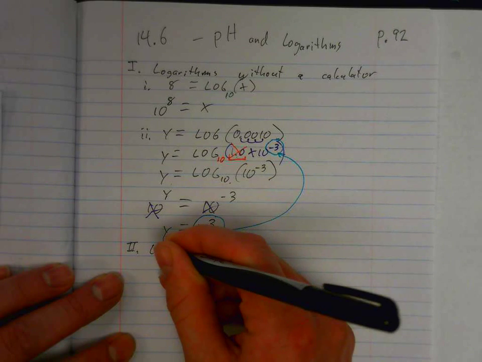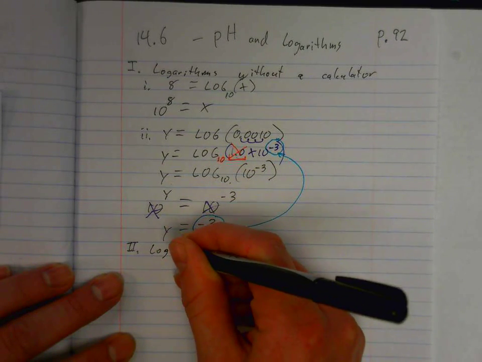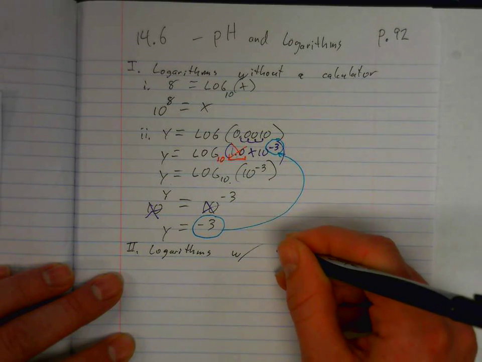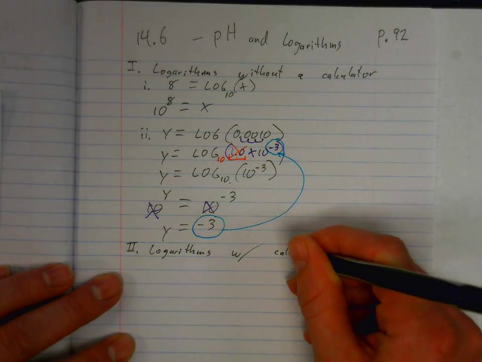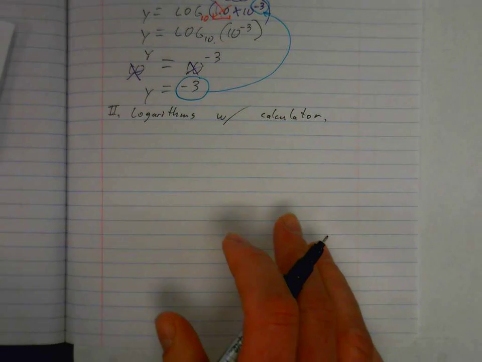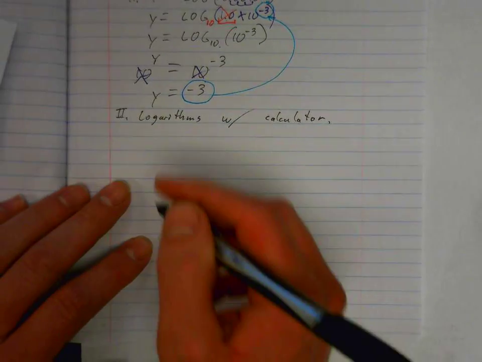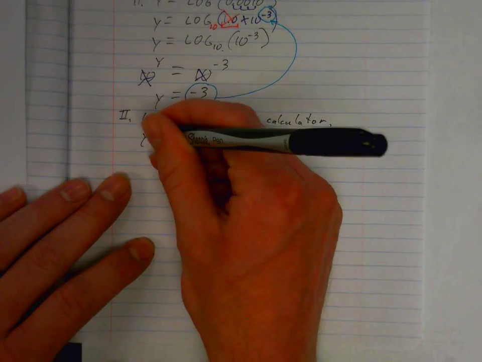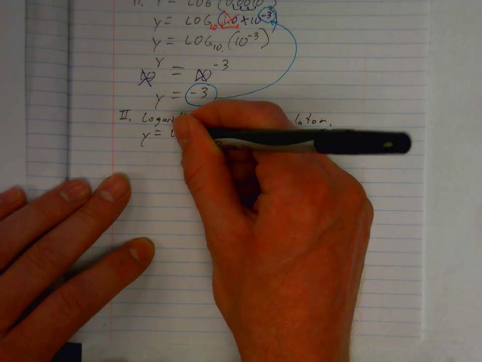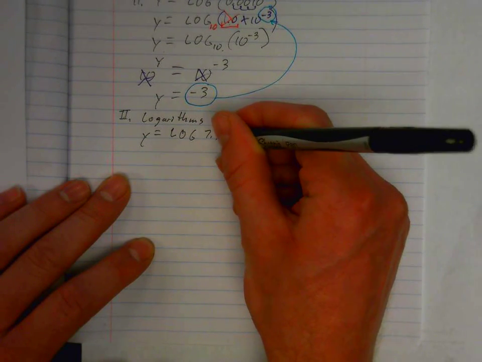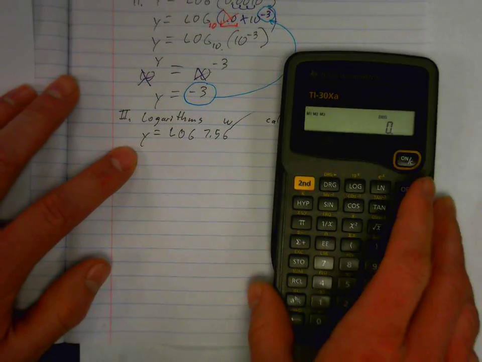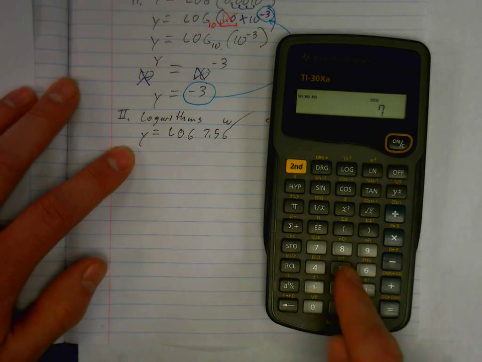Logarithms with a calculator. If we have a scientific calculator, let's try this: y equals log of 7.56. In this calculator, I would type in 7.56 and log, and there we go.